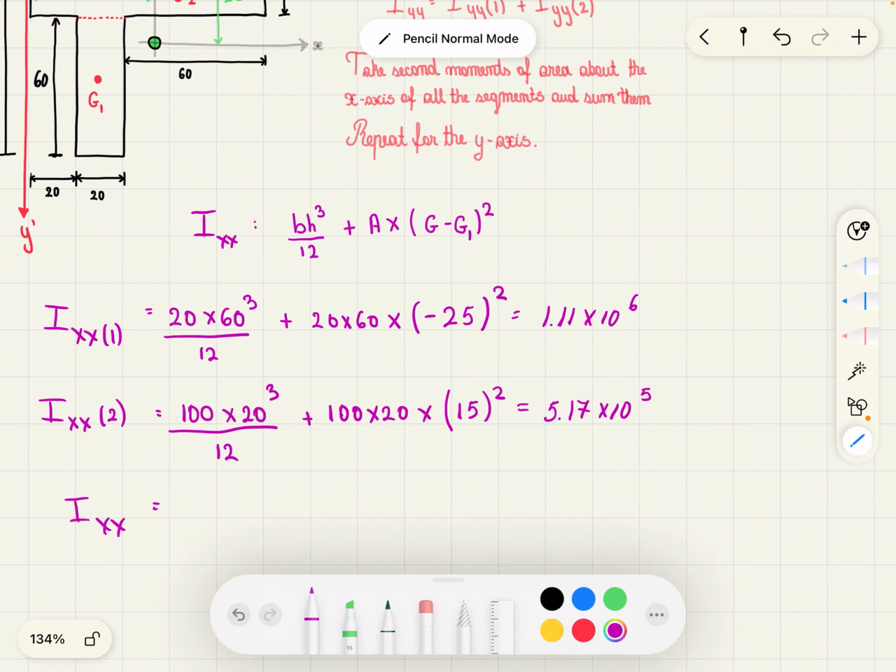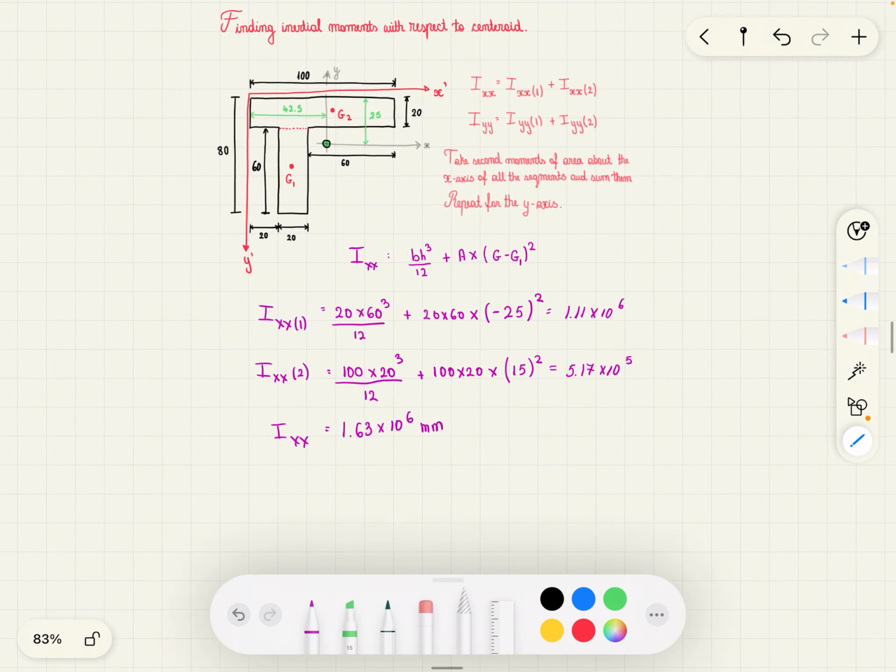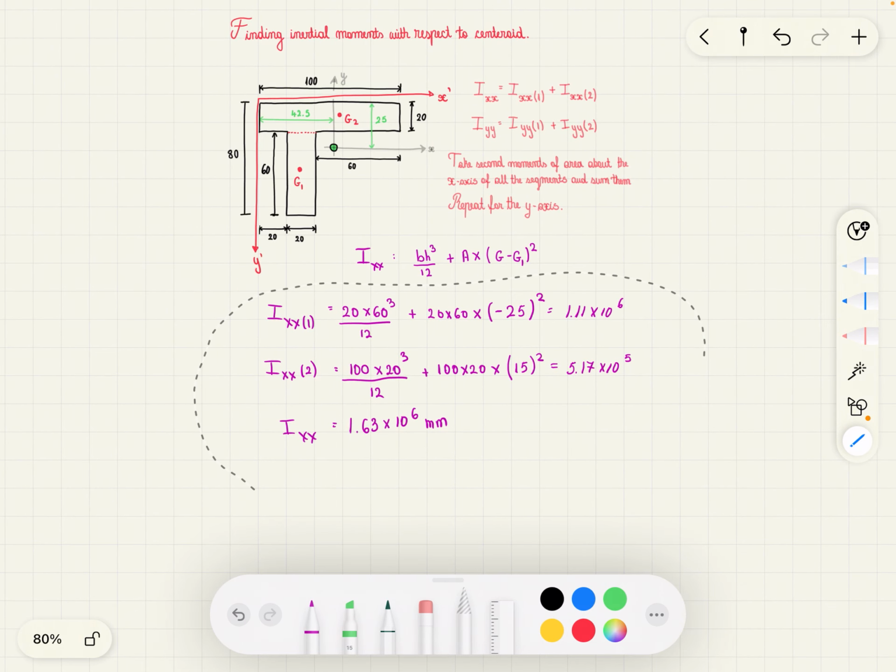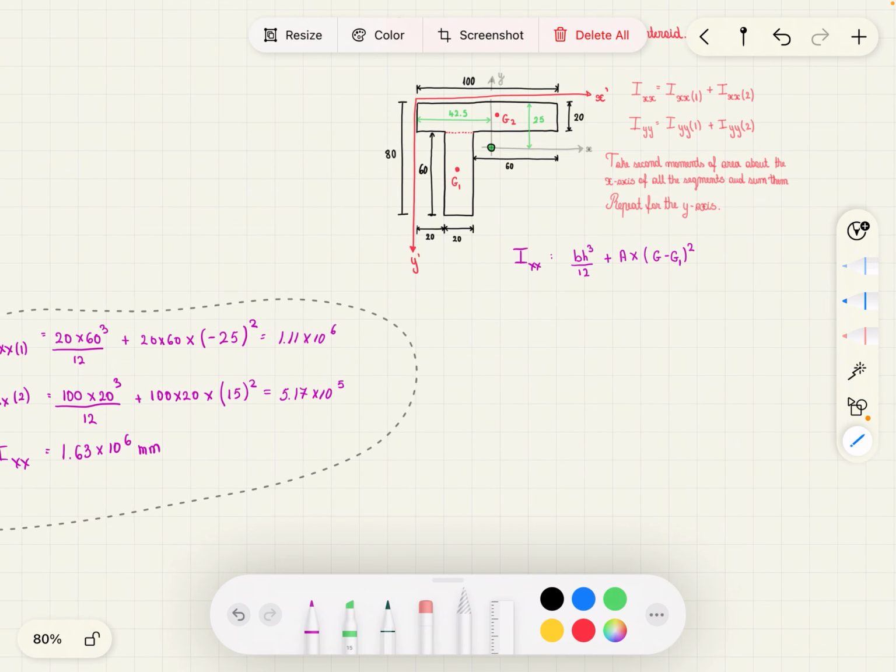So these ones. And when we add them up, they're going to give us 1.63 times 10 to the power of 6 millimeters. That's Ixx. Now, we need to find Iyy.